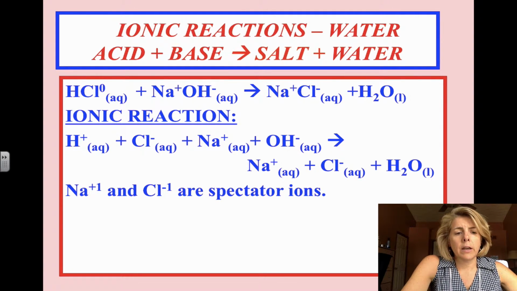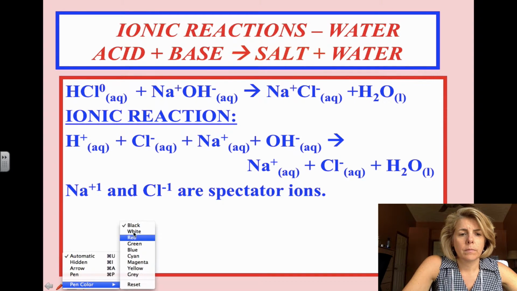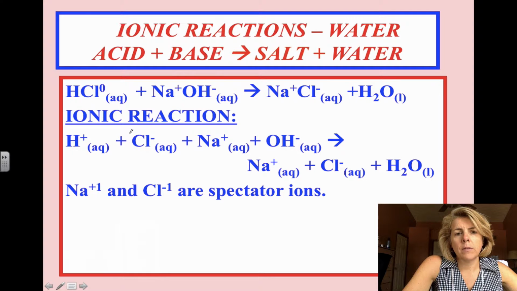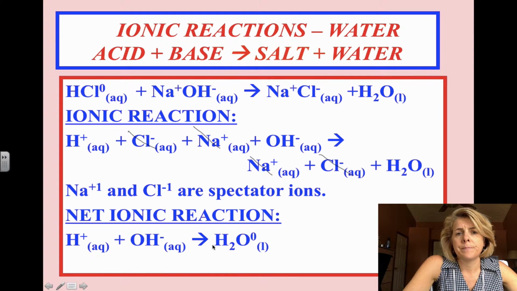We're going to cancel out the ions that appear on either side of the equation, and our net ionic reaction is essentially hydrogen ion plus hydroxide ion, giving us water.